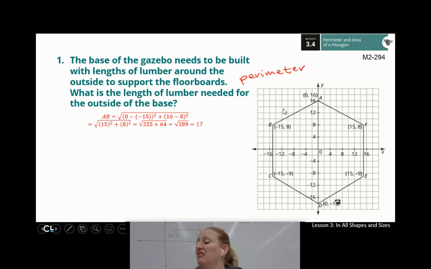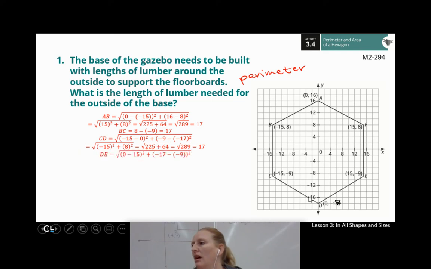Wow, that was convenient. I did distance formula again for AF. So subtract my x's, subtract my y's. Actually BC, that was 17. I could just count that. CD, again, subtract my x's, subtract my y's, square them, add them, square root.